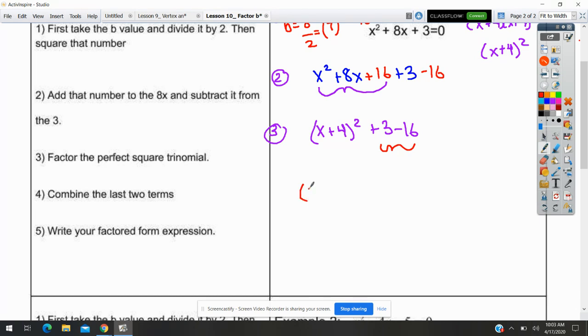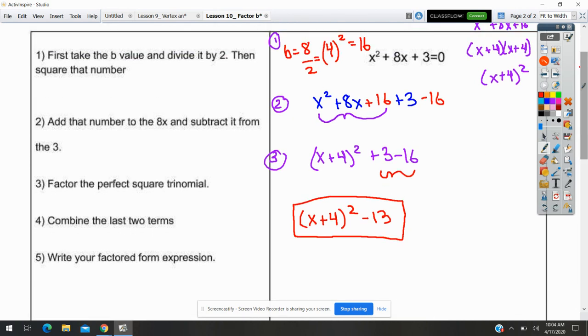So we're going to leave it as x plus 4 squared, and 3 minus 16 is negative 13. And that would be our factored form. This factored form is going to have some more uses in the next few lessons, so I'm just getting us used to factoring using completing the square here.